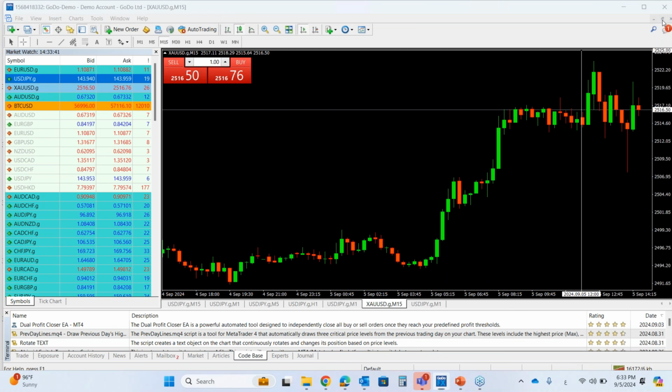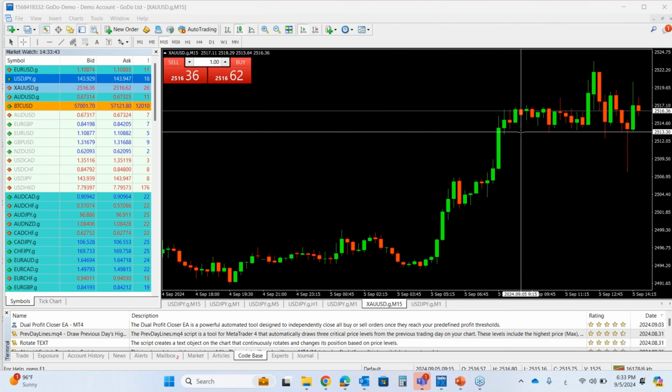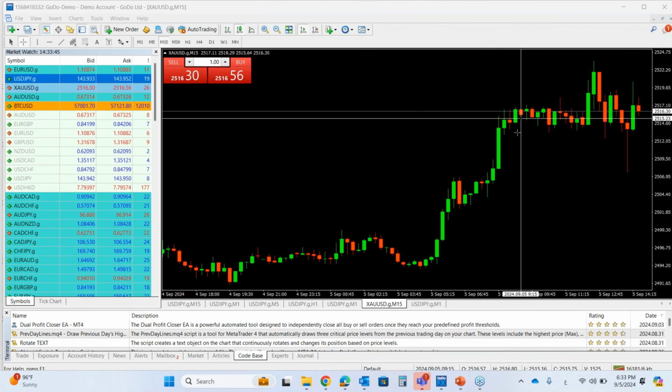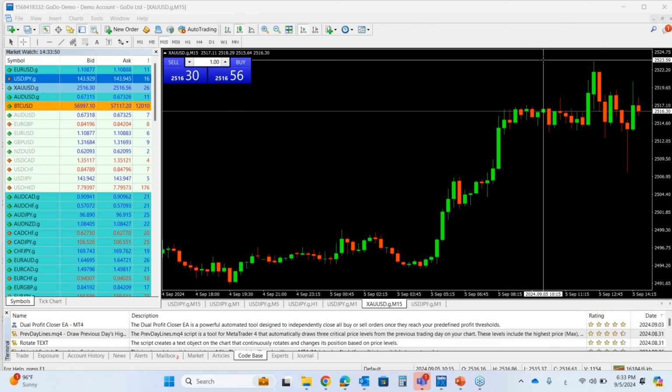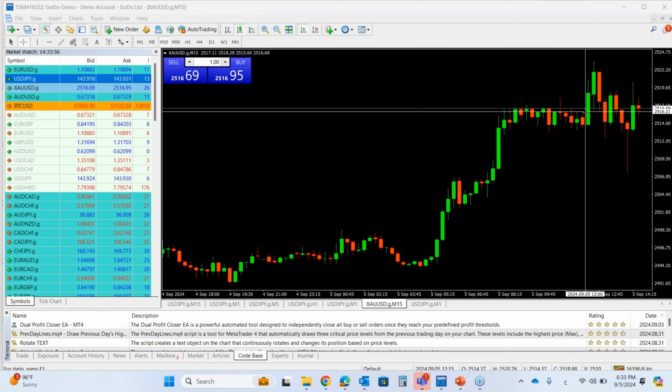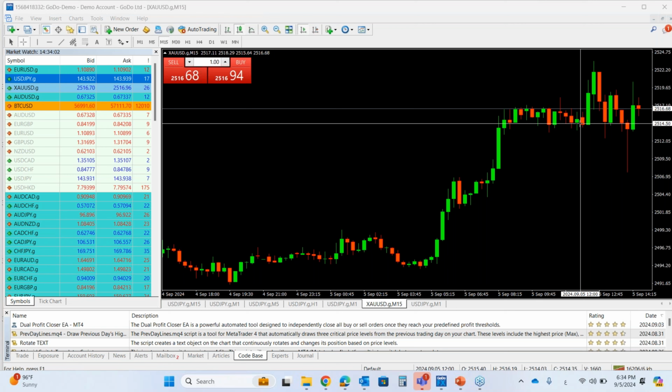It's like $20, I think. So from this break, it's almost the same. You shouldn't be waiting for it by the pip, you know. This is a very good flag, and you could go long with the direction of the trend.